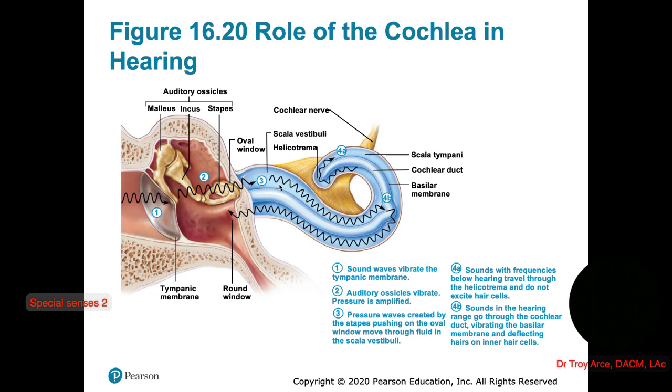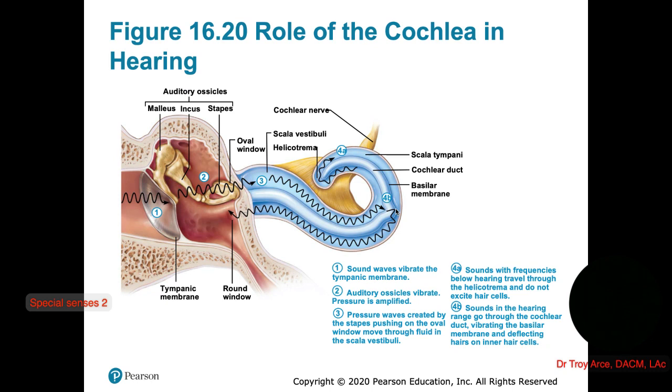The sounds with frequencies below hearing travel through the helicotrema and do not excite hair cells, but the other ones, the ones right in the middle, this middle tube thing called the cochlear duct, the sounds in the hearing range go through the cochlear duct, vibrating the basilar membrane and deflecting hairs on the inner hair cells.